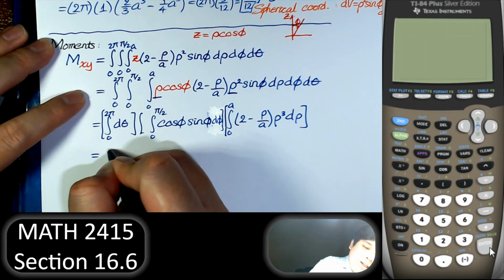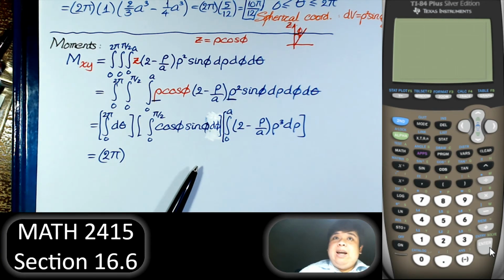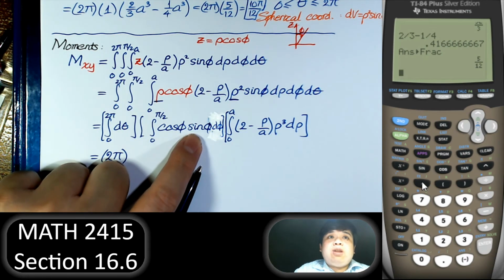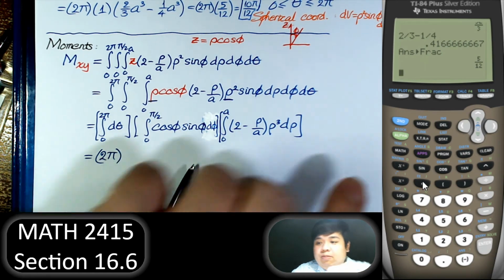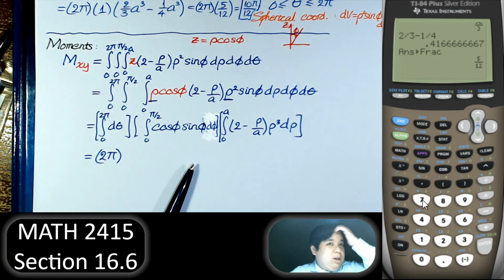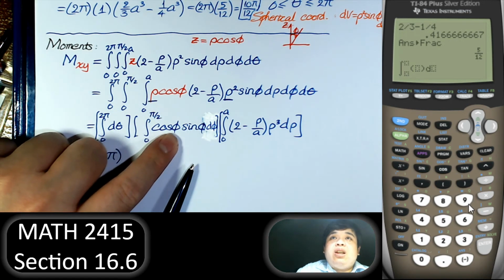So 0 to 2 pi, so that's just 2 pi, and I've just put this in the calculator. Cosine times sine is power reducing, which is going to be 1/2 sine of 2 phi. If we want to integrate this by hand, rewrite that as sine of 2 phi divided by 2.